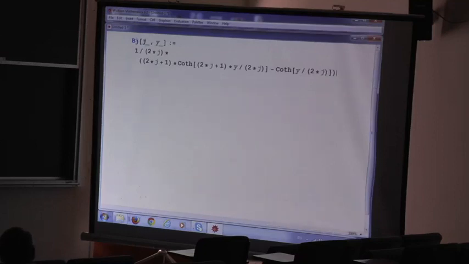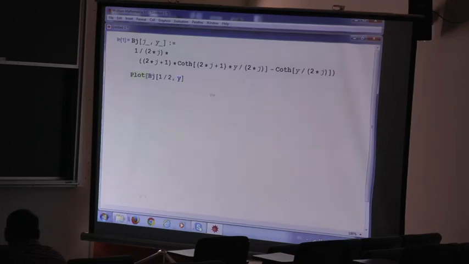It takes some value j, which is the angular momentum quantum number, function of y. This is how it is defined. This is what I wrote on the blackboard. This is my function. Now, I take, for example, a spin half particle. I can plot this. Let's first plot this Brillouin function.